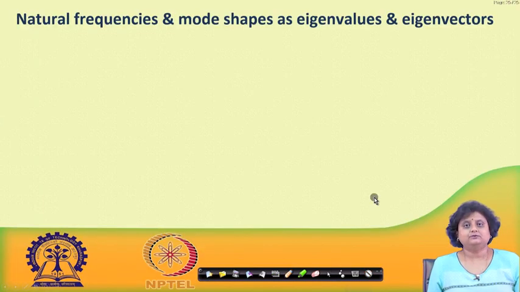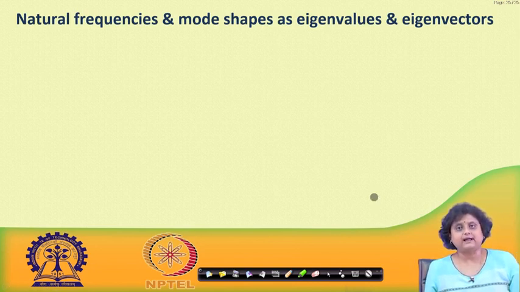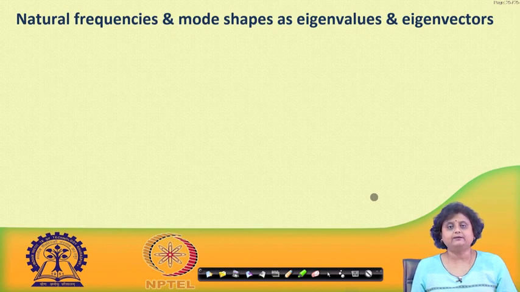All this time we have been finding out the natural frequencies and the mode shapes from the equation of motion using the definition of normal mode of vibration. So, now with all the examples done, we are in a position to find out the natural frequencies and mode shapes of the system.